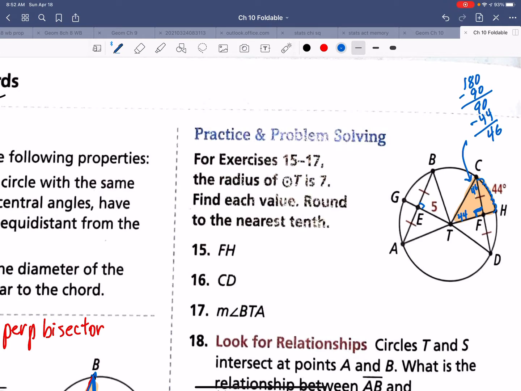Okay, so that's interesting. Notice, if this distance and this distance are equal, this would have had to have been 44. This is 44. This is 46. A lot of information happens to just kind of fall out of the sky because we've got two twin triangles. Now here, they also tell us that the radius is 7.